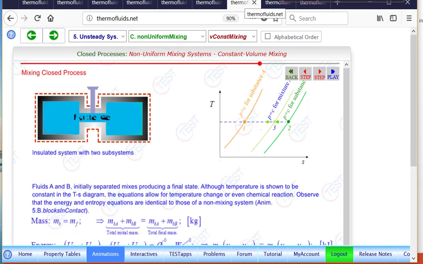On the other hand, a process could also be, look at the red boundary, made of a composite system, where there are subsystems A and B, and in this case it's a mixing process where two gases may be mixing together from a composite beginning state described by BA and BB states to a final state.